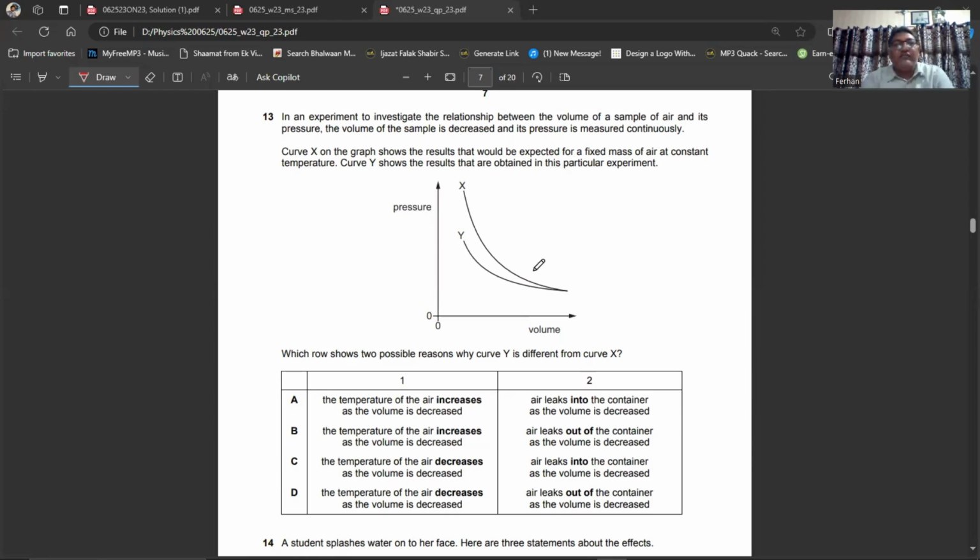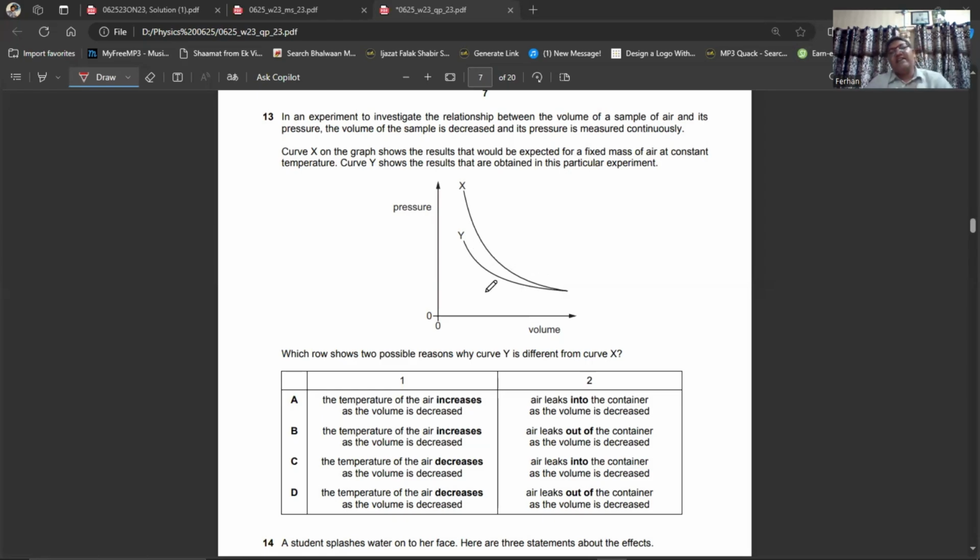So curve X is basically the ideal, that when you decrease the volume, the pressure will increase. If you halve the volume, the pressure becomes double. When the temperature of the gas is constant, the volume and the pressure are inversely proportional to each other. But when they do it in the experiment, they got these results, the Y curve.